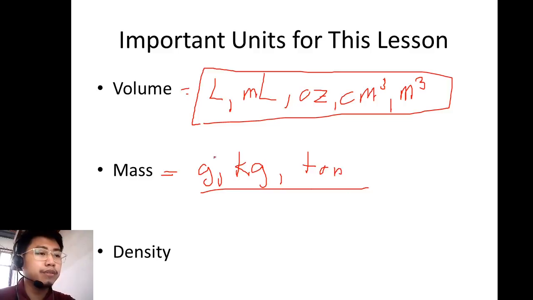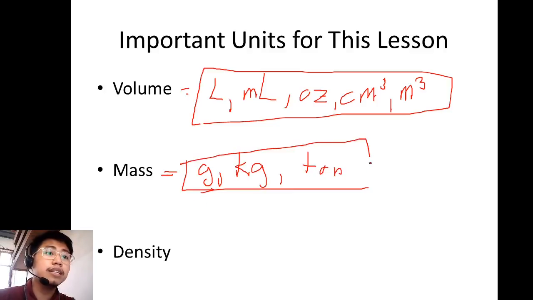There are a lot, especially in the metric system and the English system of measurement, but these are the most common ones we deal with when we're studying chemistry.